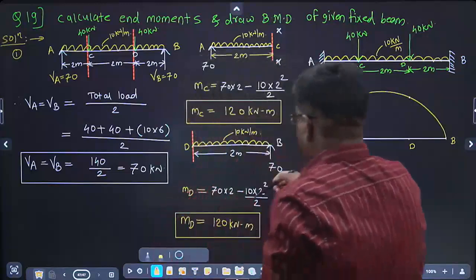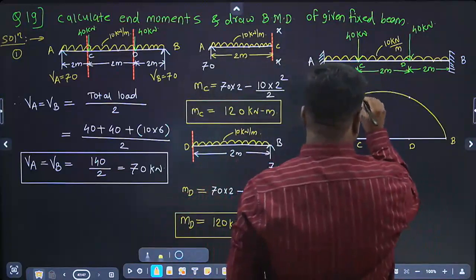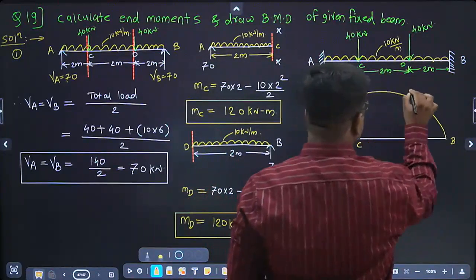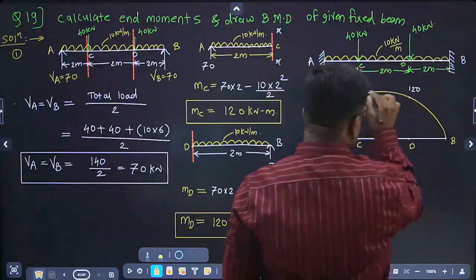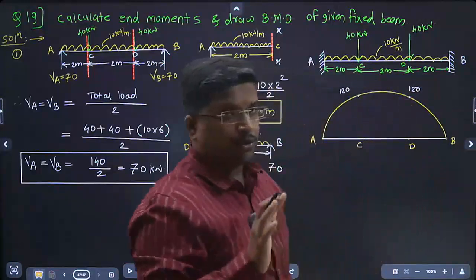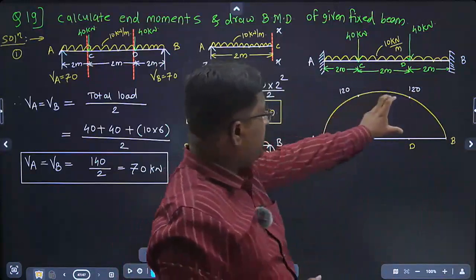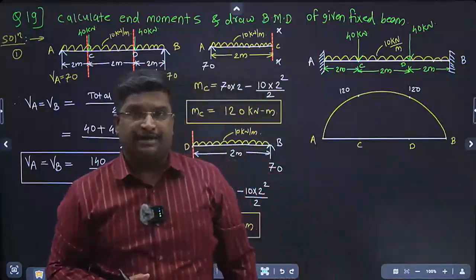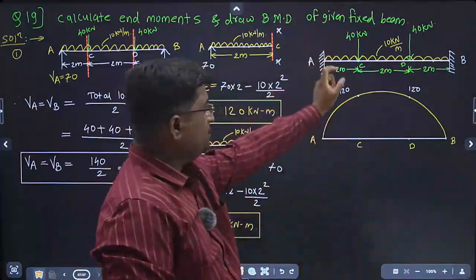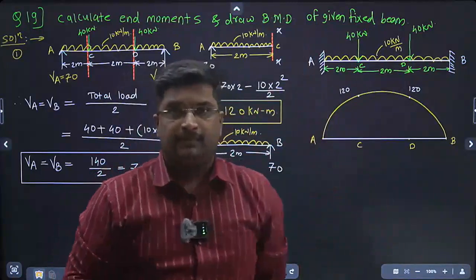What? 120, because it is symmetrically loaded. 120, 120. This is positive. The whole diagram is positive, and this bending moment diagram is called the Mu diagram.